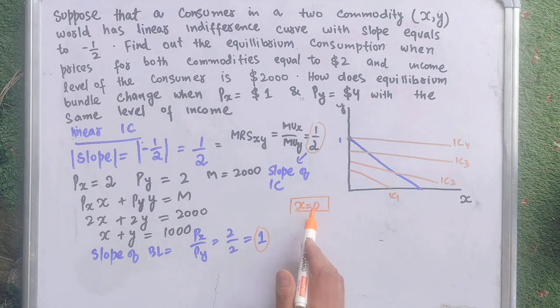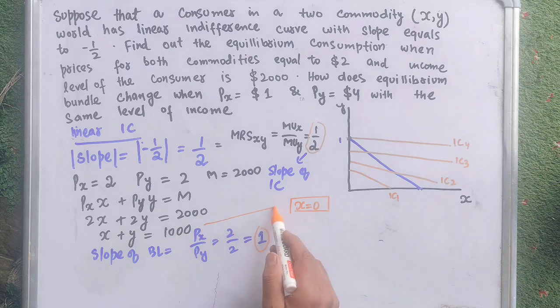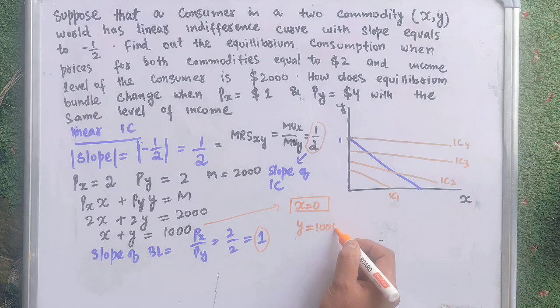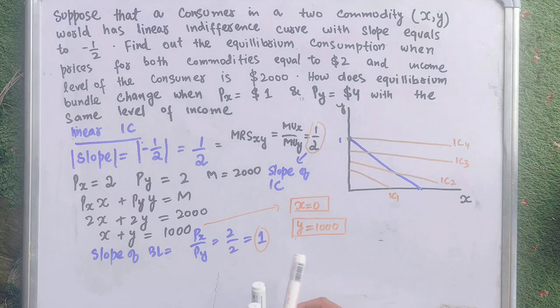Now we plug X equal to 0 in this equation. When X is equal to 0, Y will be equal to 1000. That means the consumer will consume all units of good Y and 0 units of good X in this case, and we get the corner solution in the first scenario.